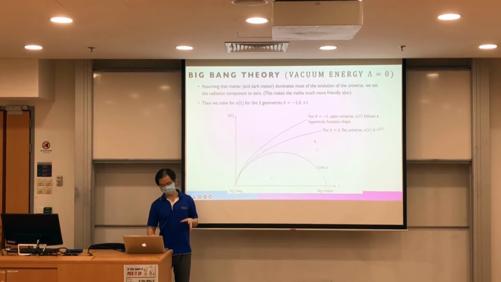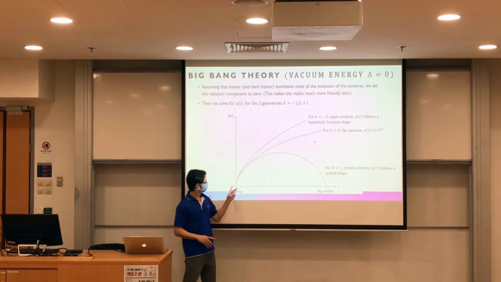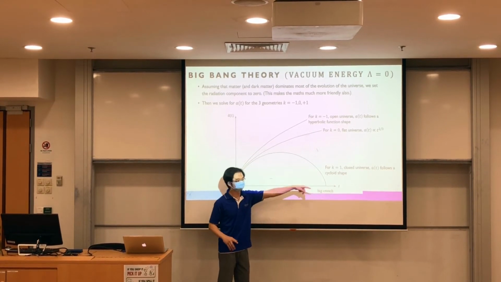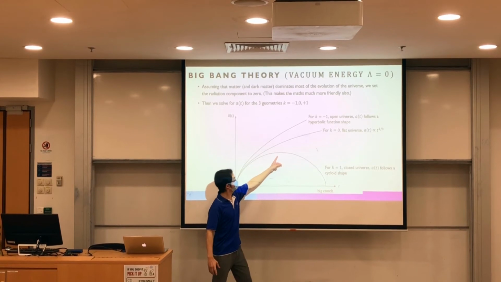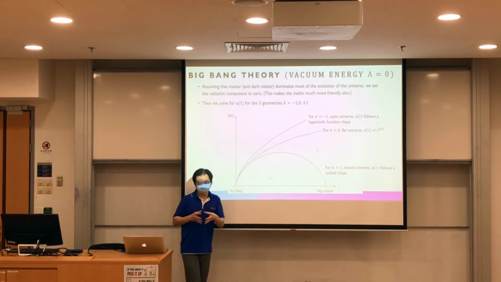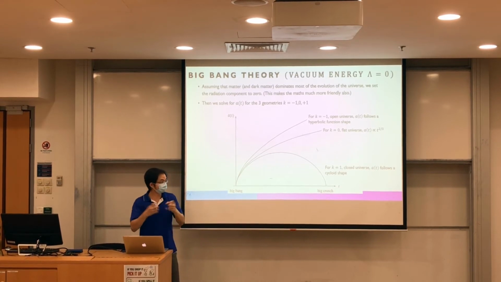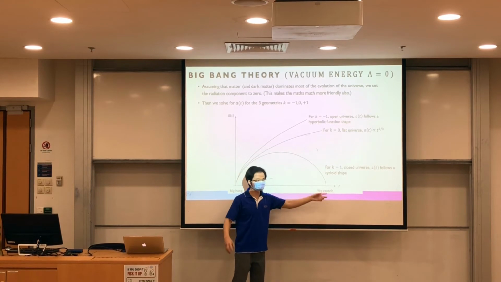And for the closed geometry, the universe will actually shrink. The a increases and then decreases. That means the universe will expand and then close back. When it closes back, there's what we call a big crunch.